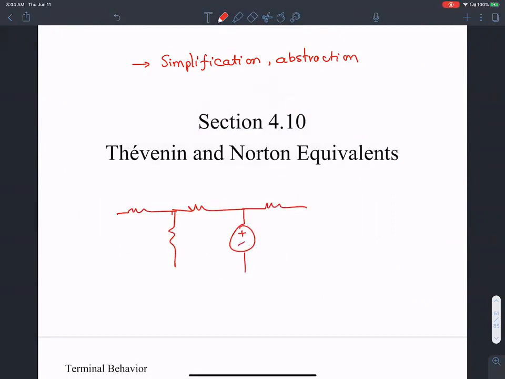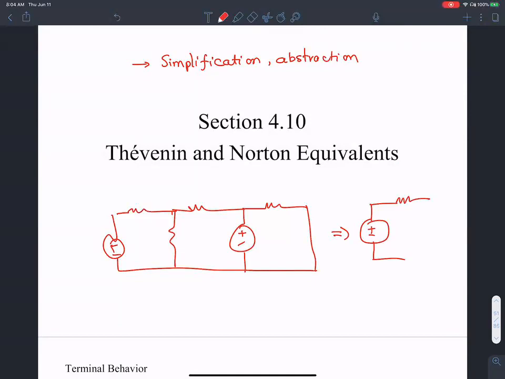if I have a complicated circuit, the idea of Thevenin equivalent is to come up with one voltage source with a resistance in series, whose behavior is exactly the same as far as these terminals are considered.